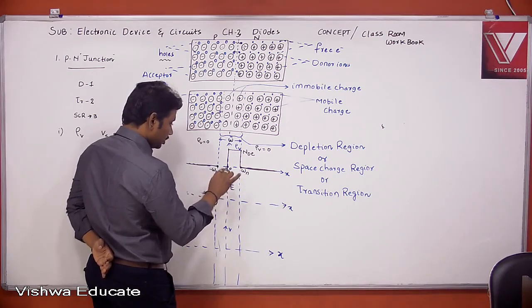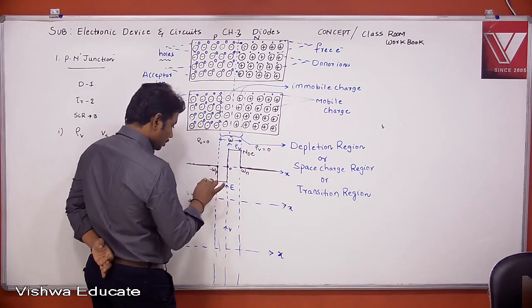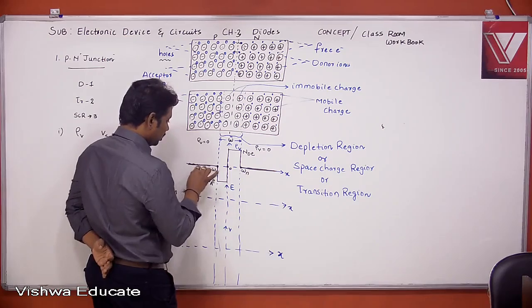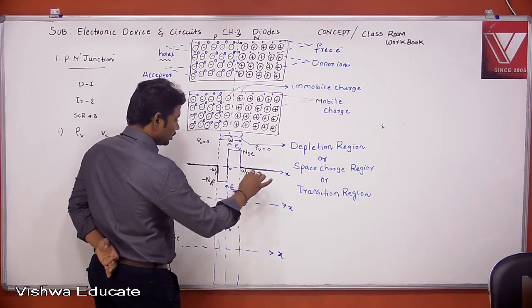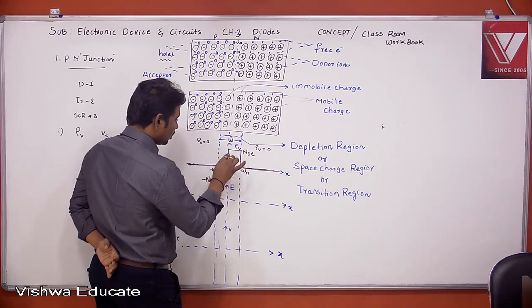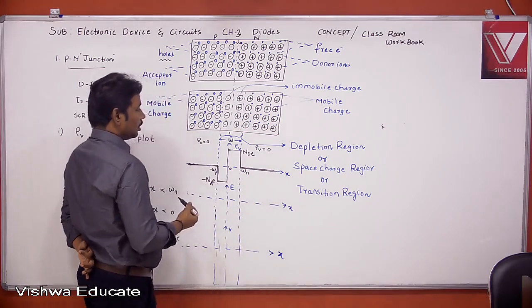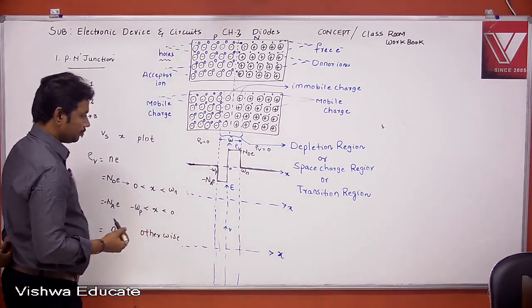Minus means this is the negative portion. This is Na into e. Outside the depletion region, 0. This is the charge density versus distance plot in case of open circuited PN junction.